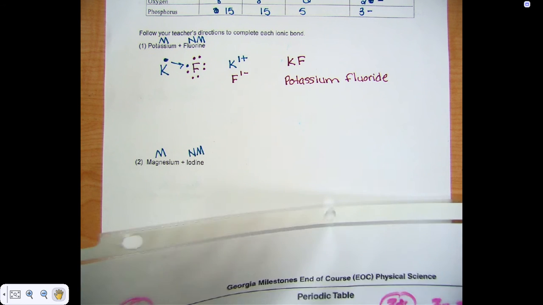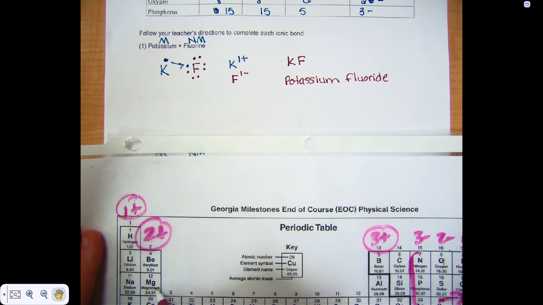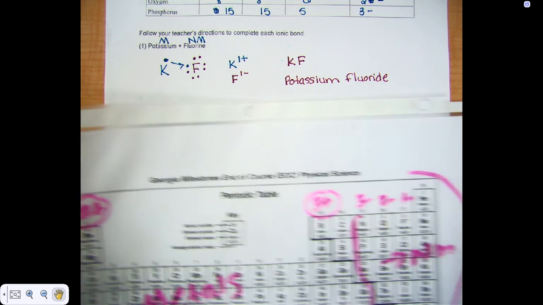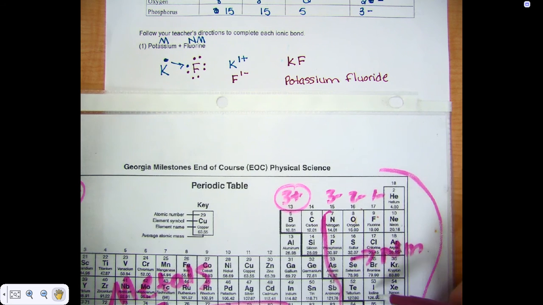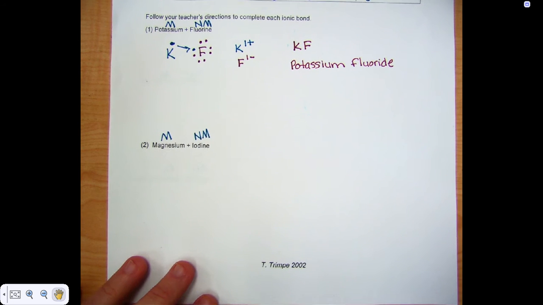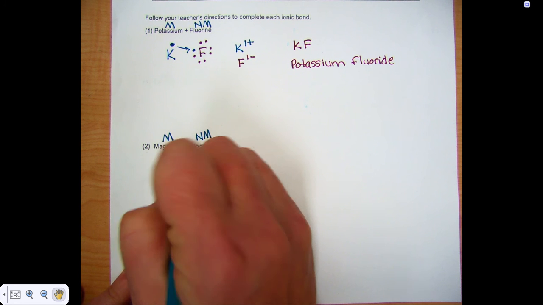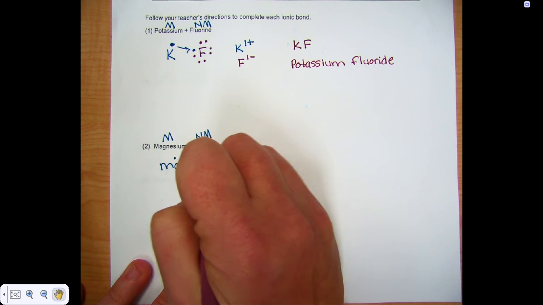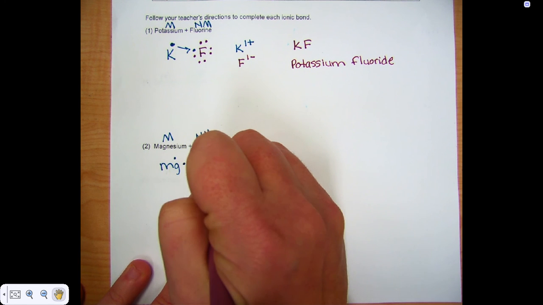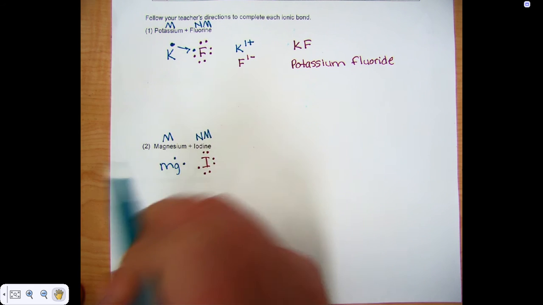Moving on to the next one. Again, you want to look at your periodic table. Magnesium has 2 valence electrons. Iodine has 7. So magnesium has 2, 1, 2. Iodine has 7. I'm going to make them bond.